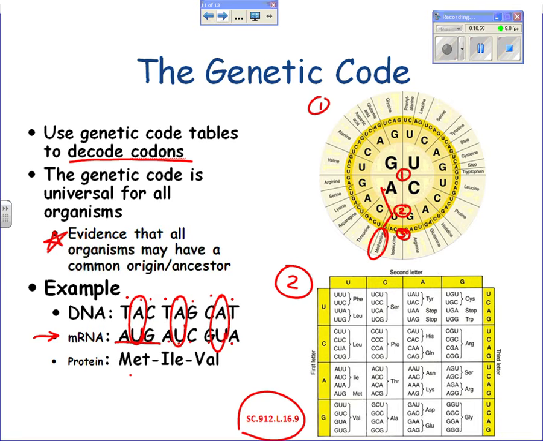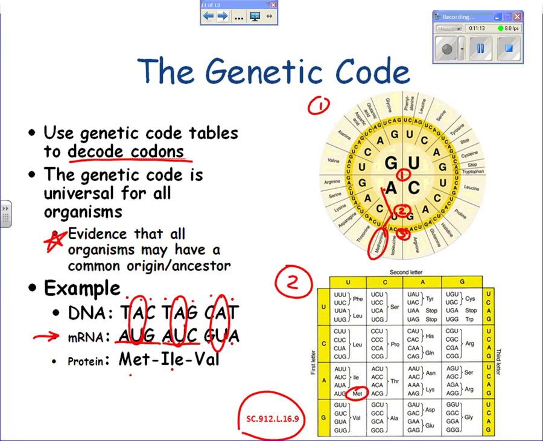Same thing in the second codon chart. A is on the left, U is down the first row, the first column, and then G would be right here. So again, methionine. So practice locating codons on that chart. Our second codon would be AUC, and that codes for isoleucine.